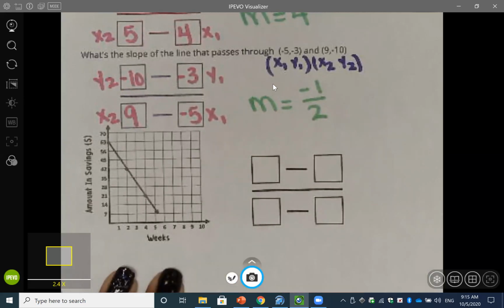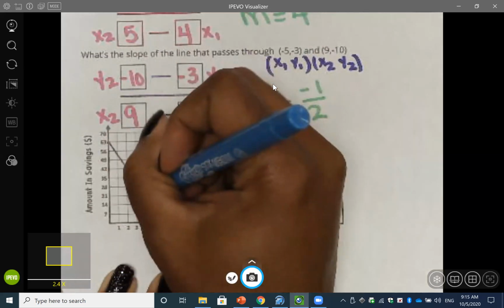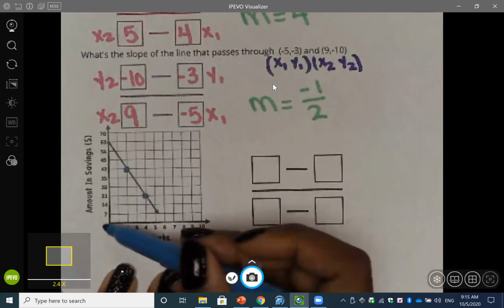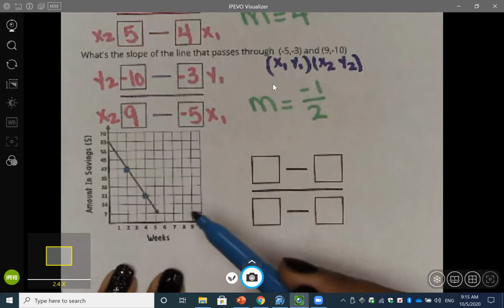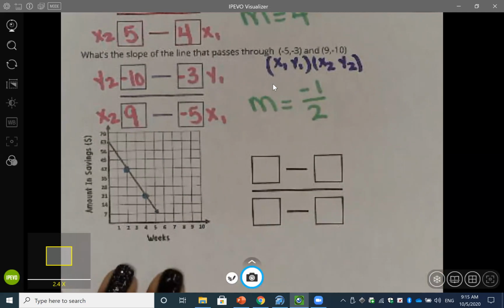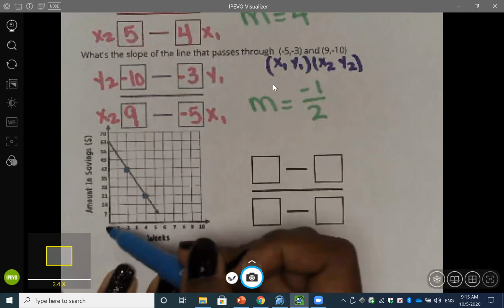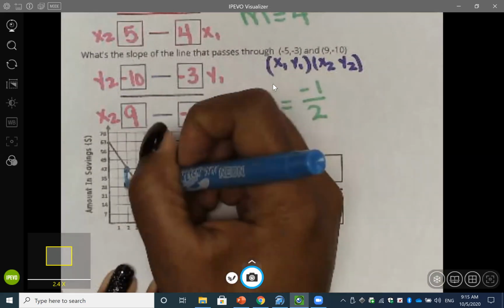This is why it's very important to find 2 perfect points on your graph. So I'm going to use this point and this point. They already gave them to us. You can literally count your rise over run, making sure you pay attention that the scale is going by 7, and the line is going down, so it's negative. Or you can say, to get to this point, I went over to 2, up to 42.